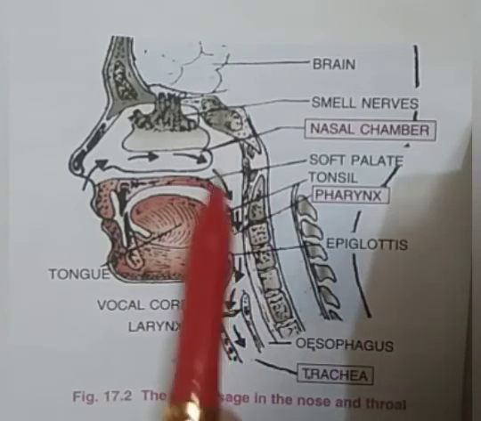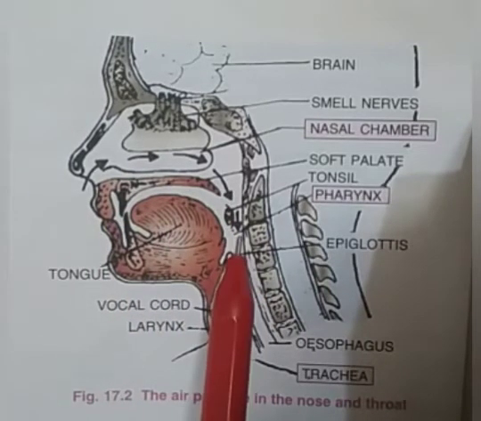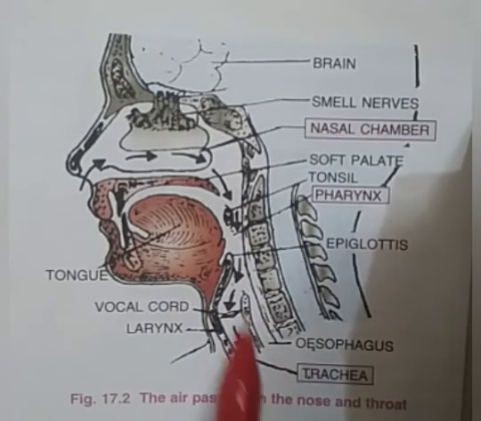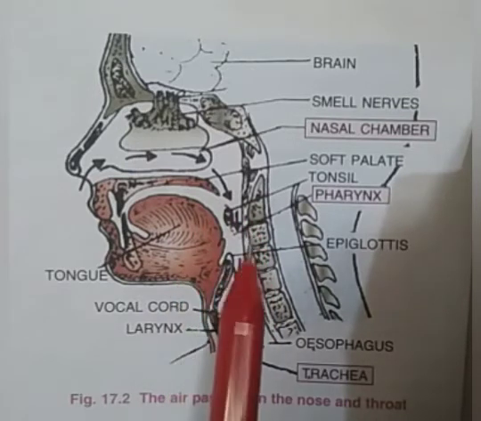Before the pharynx, air and food have different passages, and after the pharynx also you can see this is the food pipe known as the esophagus, and this is the windpipe known as the trachea. After the pharynx both have different passages, but the pharynx is the common passage for both food and air.